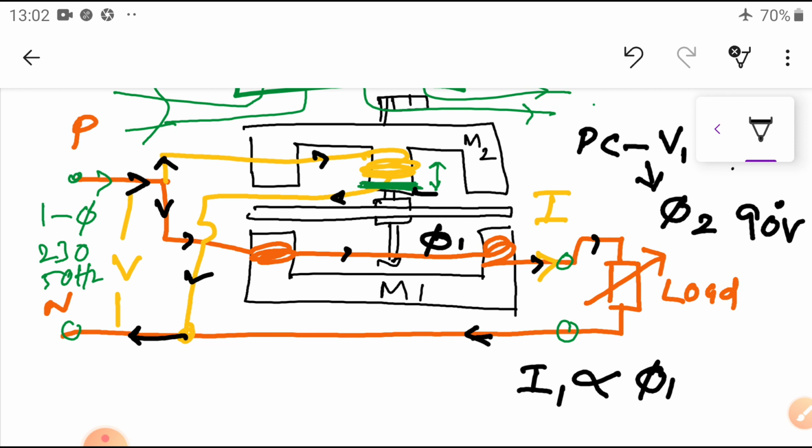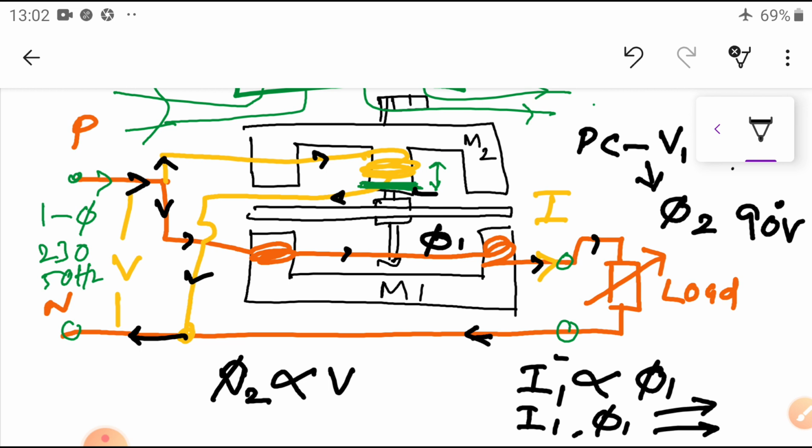Whereas the flux phi 2 is directly proportional to the voltage V1. Here phi 1 is directly proportional to the current. But here I1 and phi 1 are in phase only. Both are good friends. No phase displacement between current I1 and phi 1.